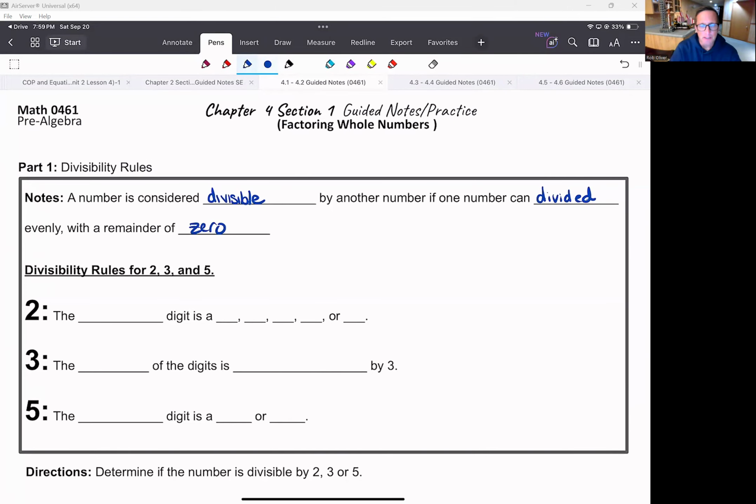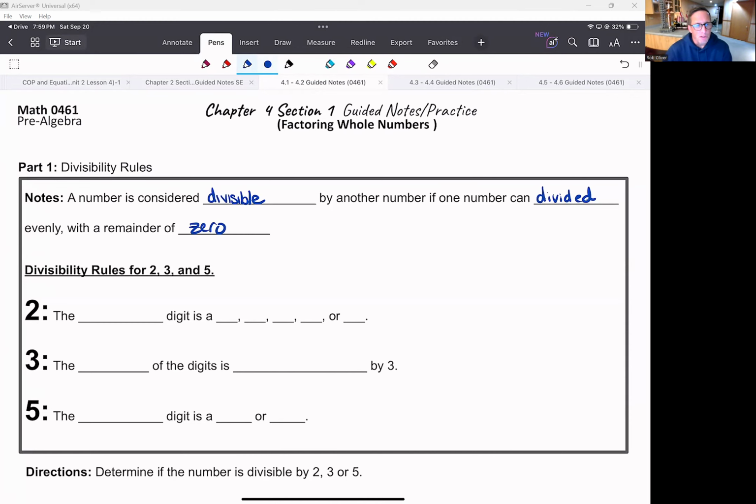That means you can divide it evenly, whether you're dividing it on paper or with a calculator, and you don't get anything left over. You don't get a decimal. You don't get a repeating decimal. You don't get like 0.8. That's it. It divides evenly.